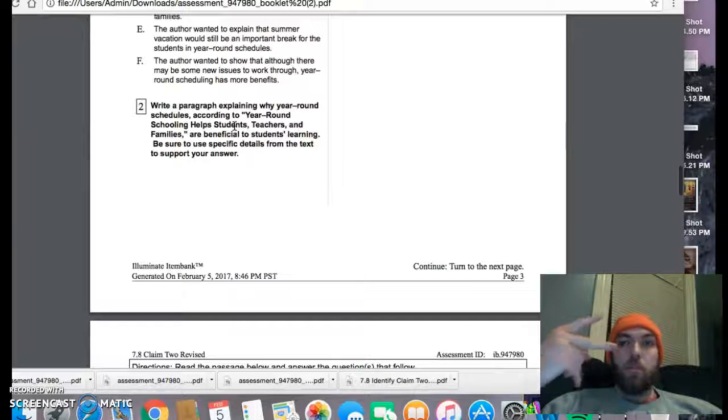The only way you get 2 points is if you include specific examples or evidence in several pieces of it. If you just use a single reason or a detail and don't support it with evidence, you're not getting anything. You need to make sure that you're including specific reasons with specific support from the text.